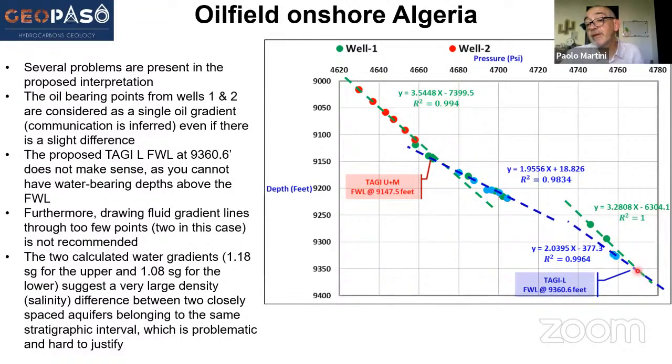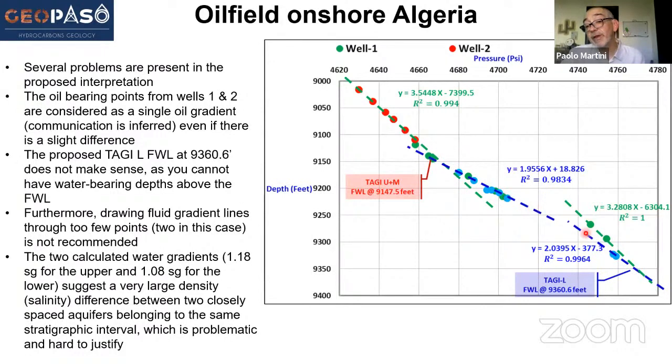So this derivation of this free water level is incorrect, because clearly if these two intervals were in contact, the contact would be somewhere else, because you cannot have water points above a free water level.